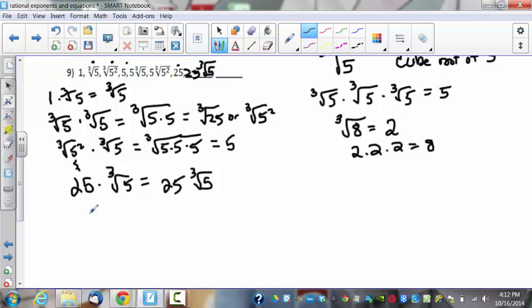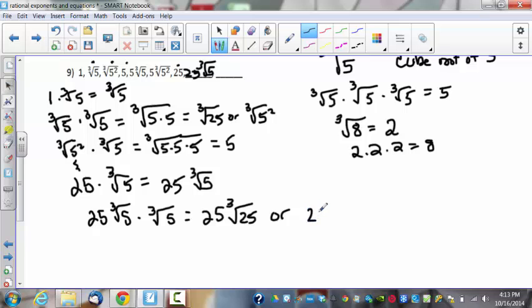And then the last one would be 25 cube root of 5 times the cube root of 5. And that can be written as either 25 cube root of 25, or 25 cube root of 5 squared. Okay, so I'll just go ahead and write 25 cube root of 25.